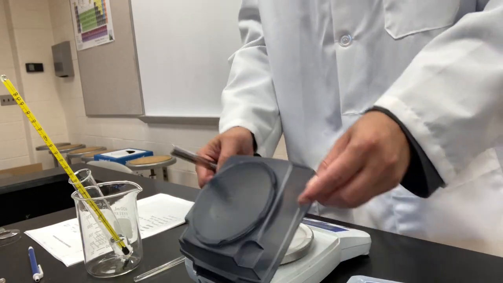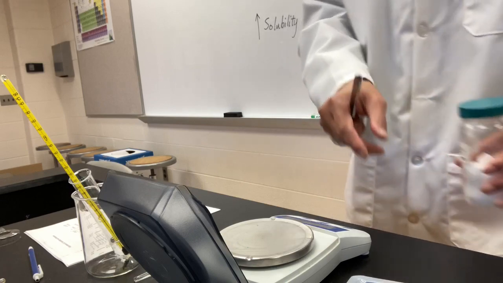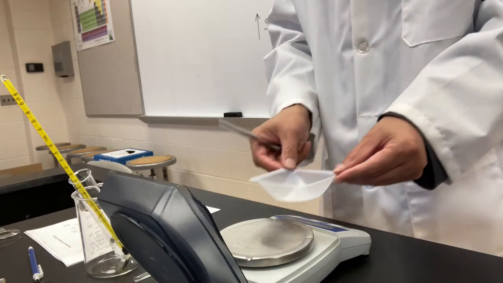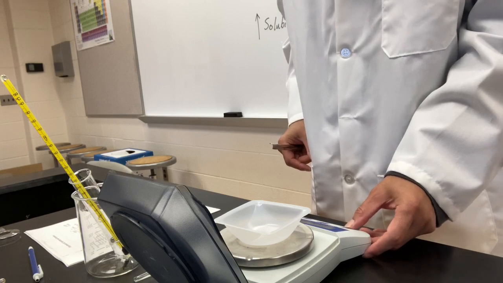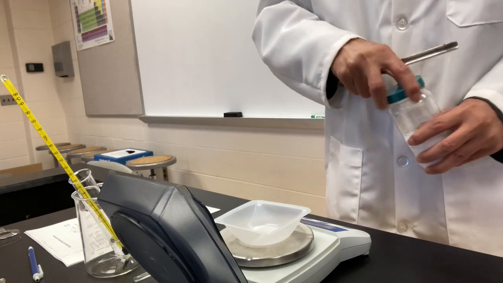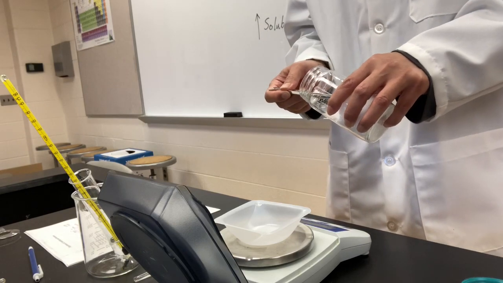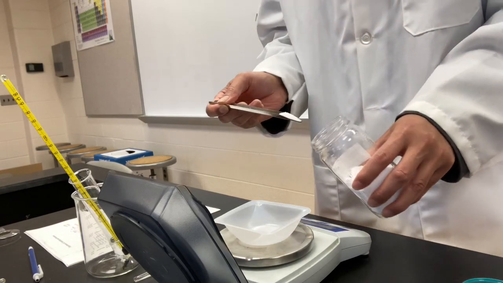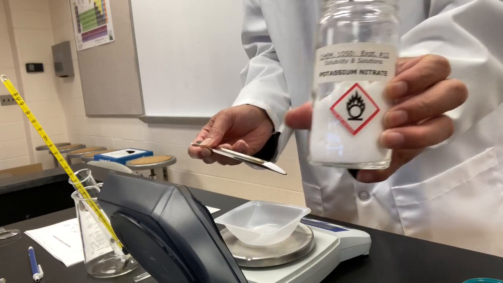Now we're going to add potassium nitrate in portions of 2 grams. We're going to measure potassium nitrate, about 2 grams. This is potassium nitrate.